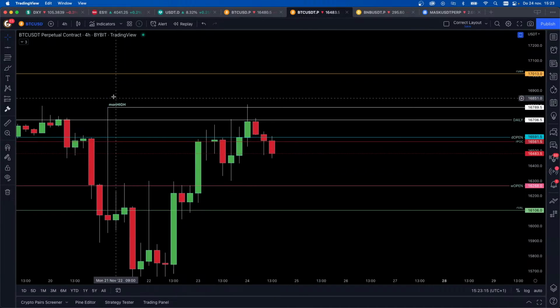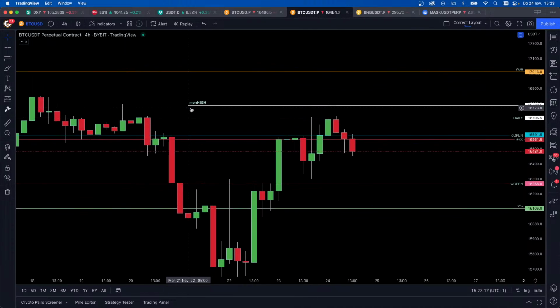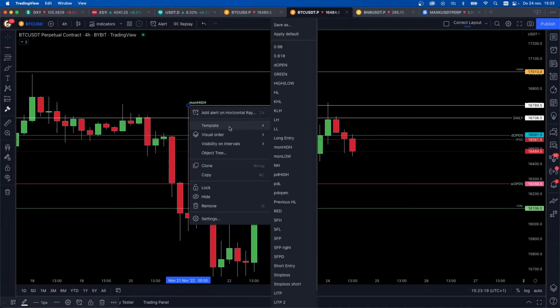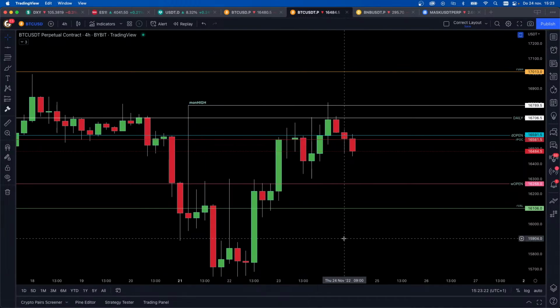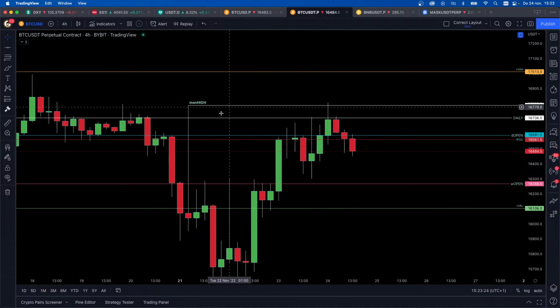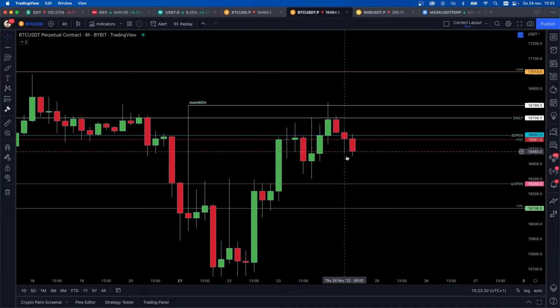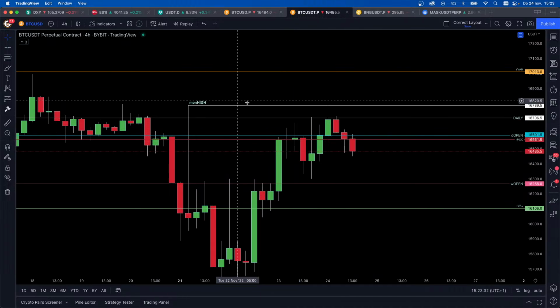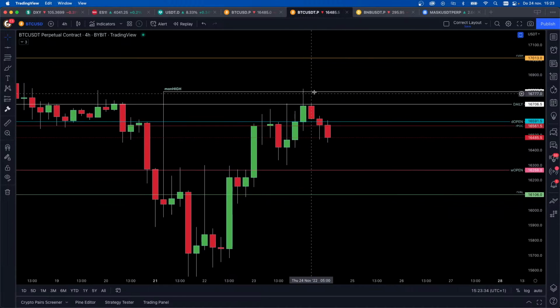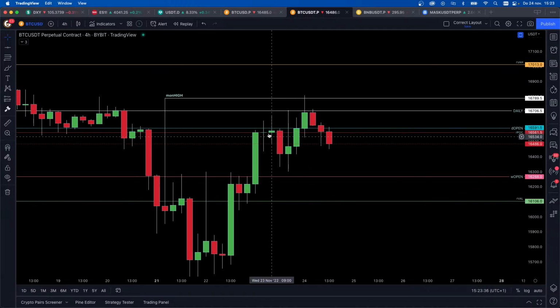And then yesterday, it took this Monday high. And you can actually call this an SFP pattern. An SFP is when price tries to go beyond previous high, but it doesn't work out. It instantly comes back into this range over here. That is called an SFP pattern.